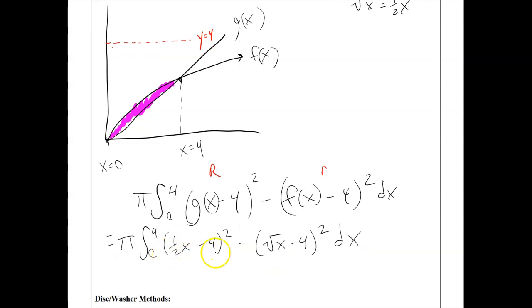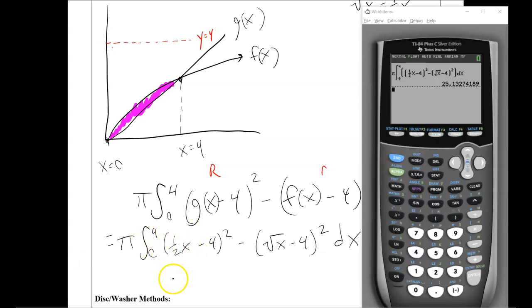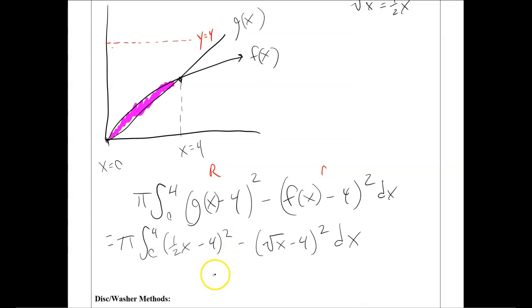And now you could do this by hand. So I'd square both of these binomials, multiply them out, and then integrate each term, then plug in 4 and 0, then distribute my pi. But at this point, I'd be reaching for my calculator. It probably had you scared for a second there, right? So I would do math 9, include the pi, and this would give me a decimal. I'd write it accurate to 3 places. So 25.13.